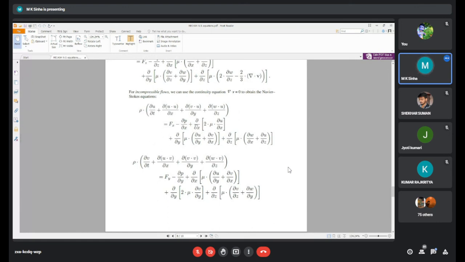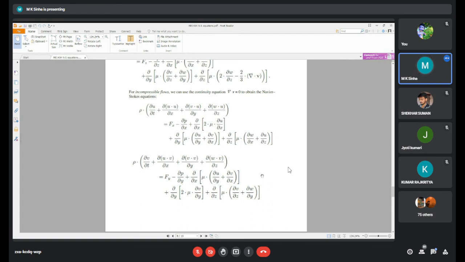These terms here: right side f x minus del p by del x plus del by del x of 2 times mu dot del u by del x, plus del by del y of mu dot del u by del y plus del v by del x, plus del by del z of mu dot del u by del z plus del w by del x, so 2 terms and 2 times here.